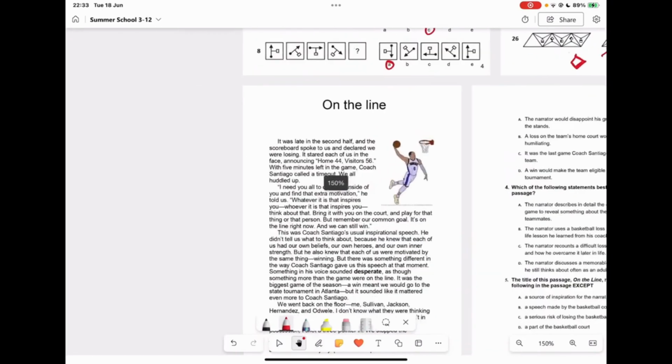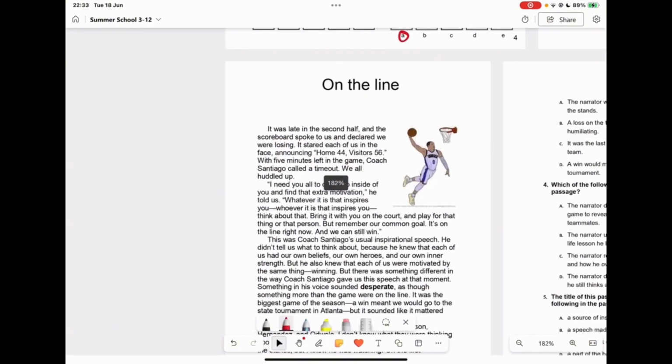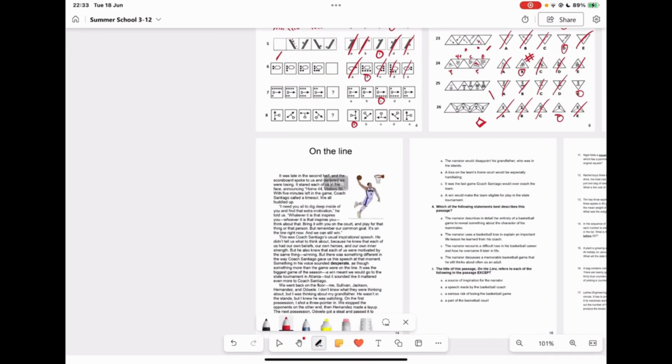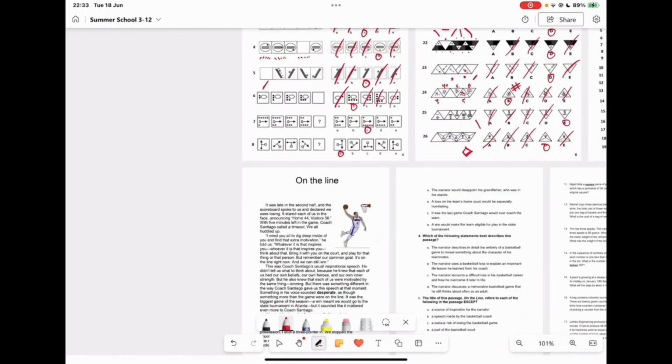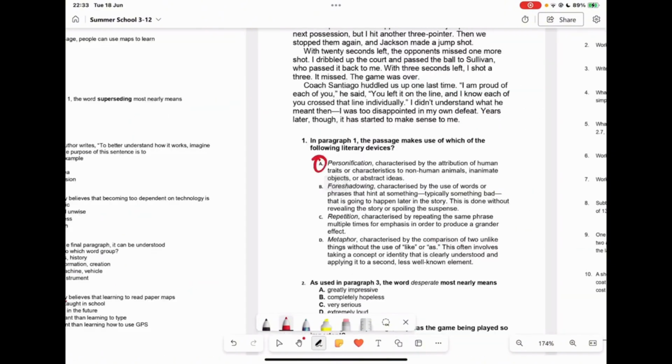So here we can see that in paragraph 1, the answer to this will be... and we were losing. So it says here that the scoreboard spoke to us, so it will be personification.